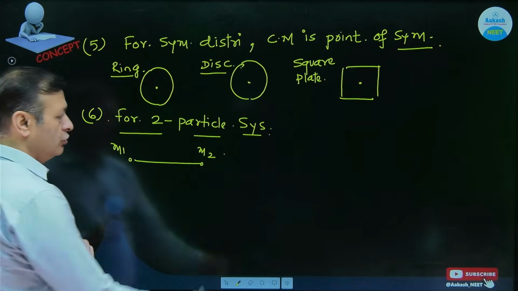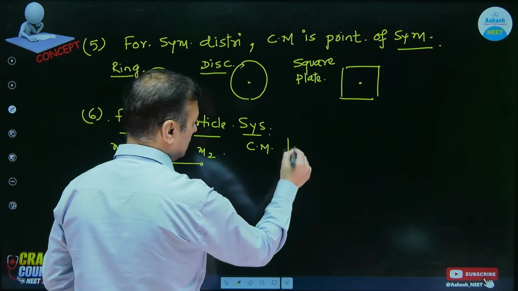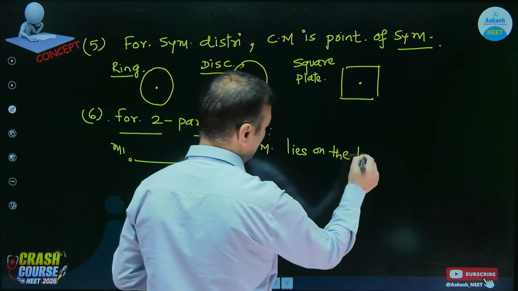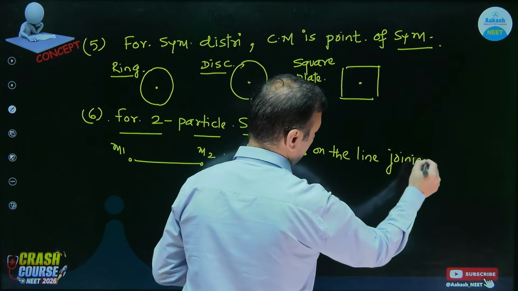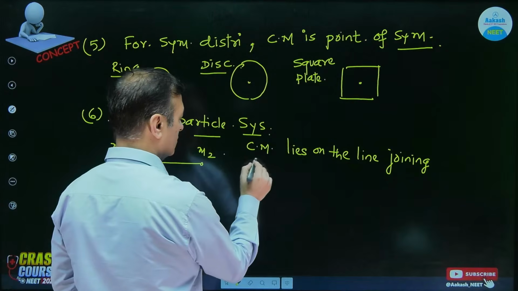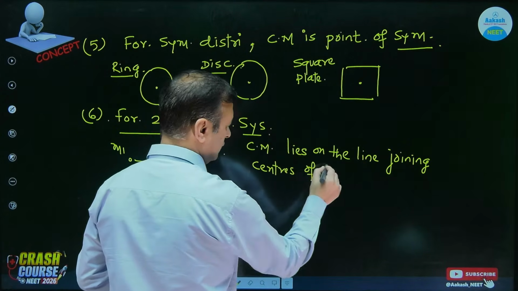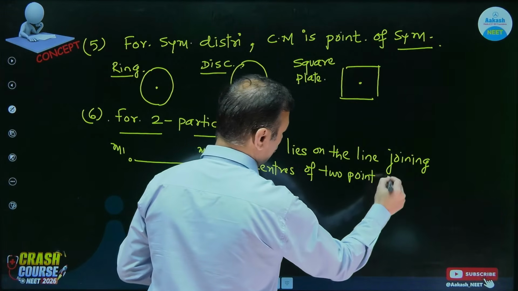For this two particle system, center of mass lies on the line joining the centers of the two point masses.